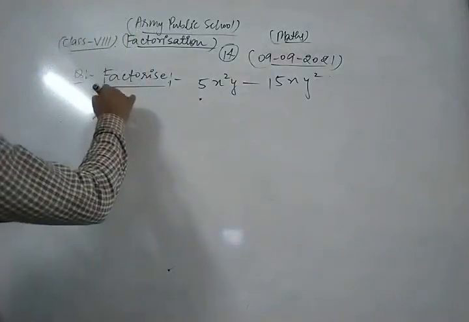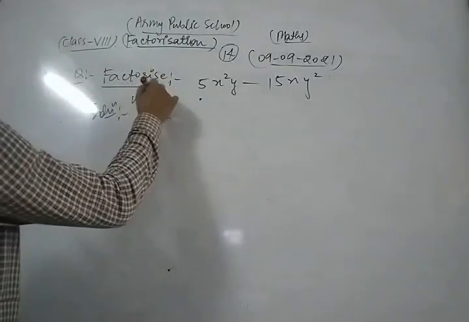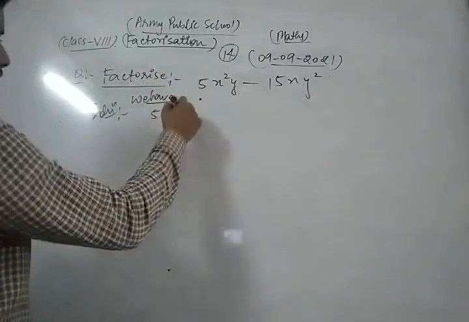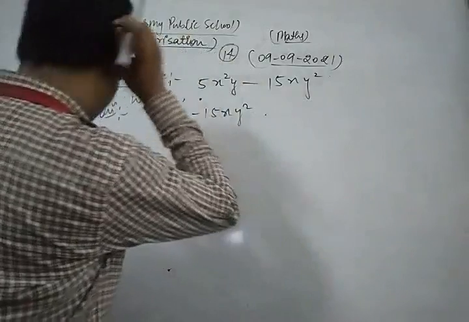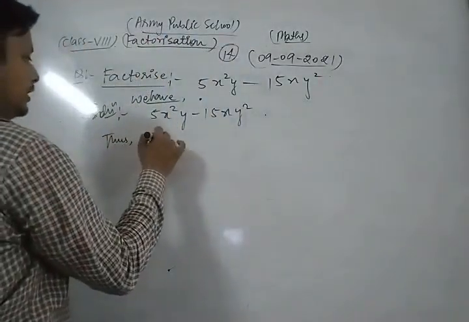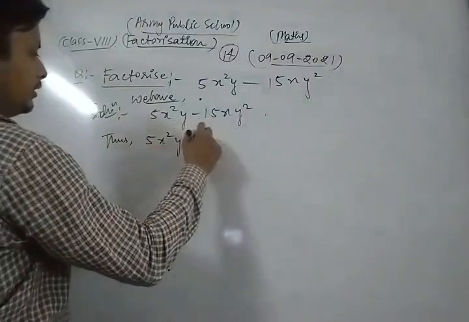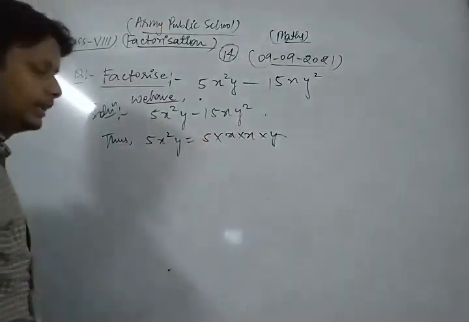First, we take the first part. We have the question 5x square y minus 15xy square. First of all we take 5x square y. We can write 5 into x into x into y.